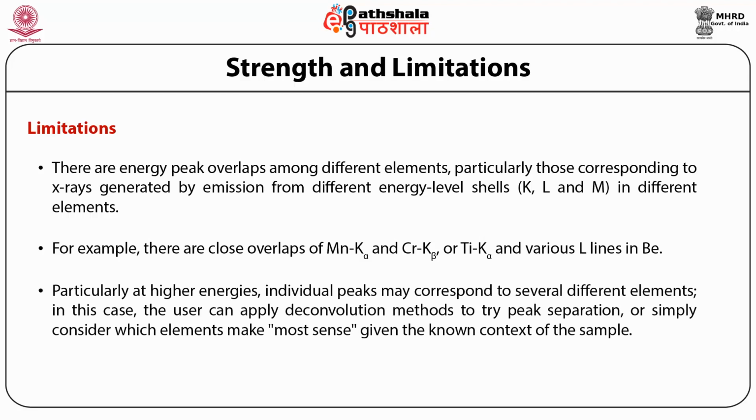Particularly at high energies, individual peaks may correspond to several different elements. In this case, the user can apply deconvolution methods to try peak separation, or simply consider which element makes most sense given the known context of the sample.